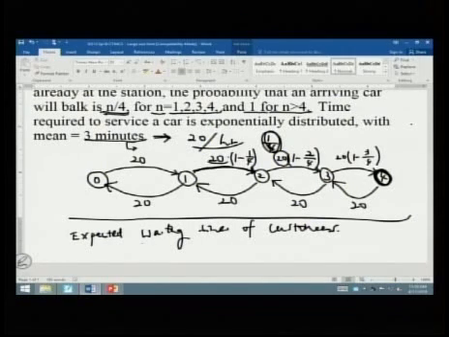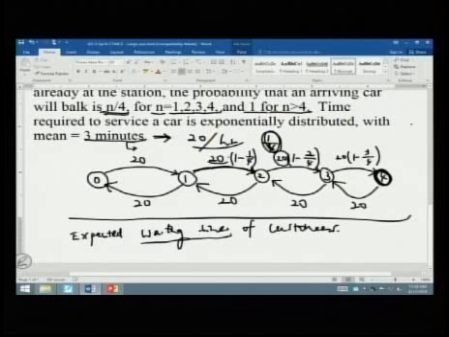So this waiting time includes the time at the pump and at the waiting line. Okay, both of them.